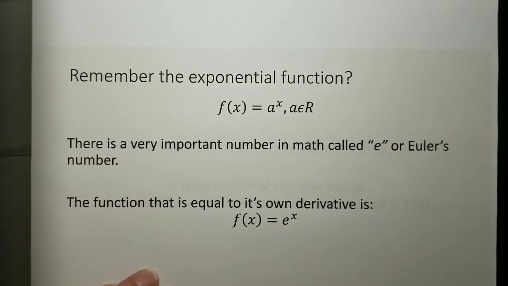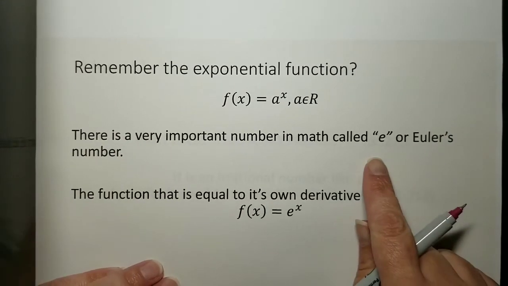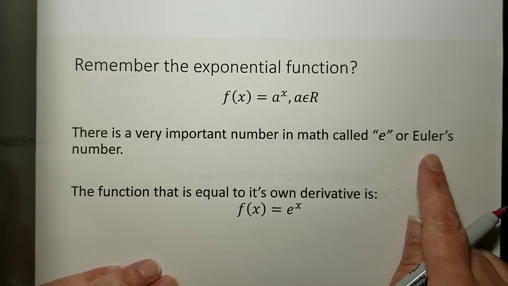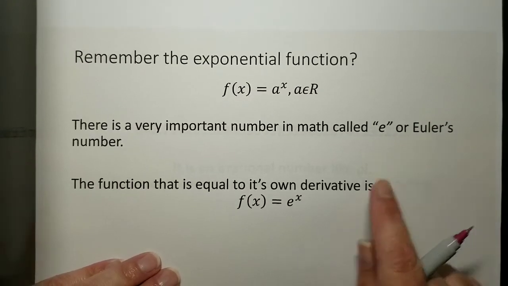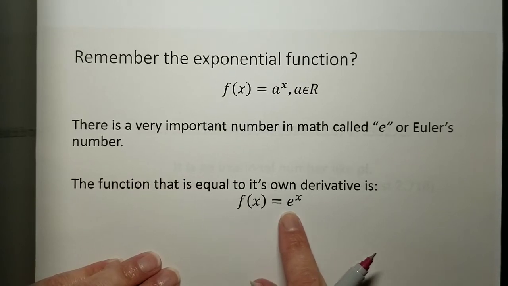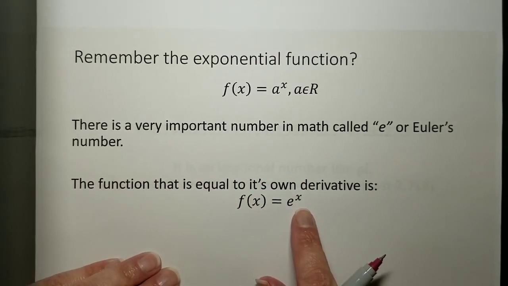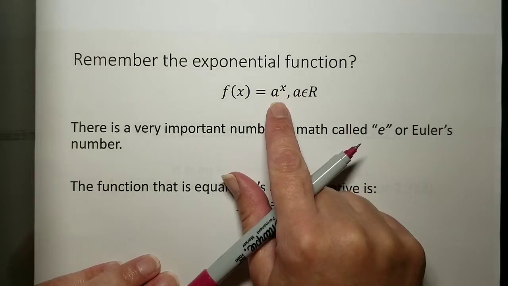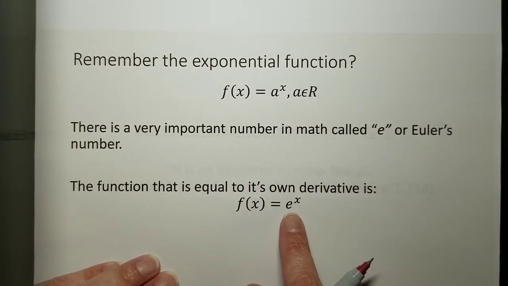So this is that special number, and it's equal to its own derivative. So the function where the value of the function is equal to the value of the derivative at every point is the basic exponential function, but with a base of e.